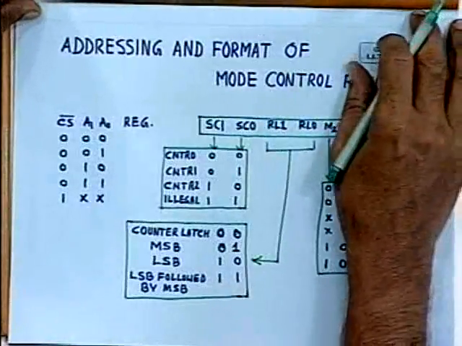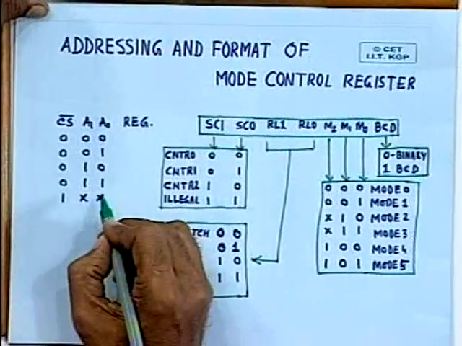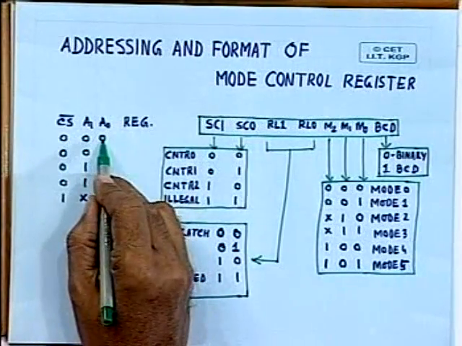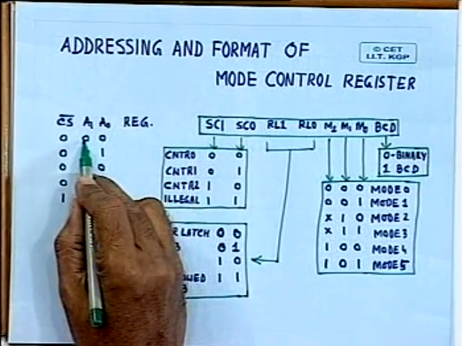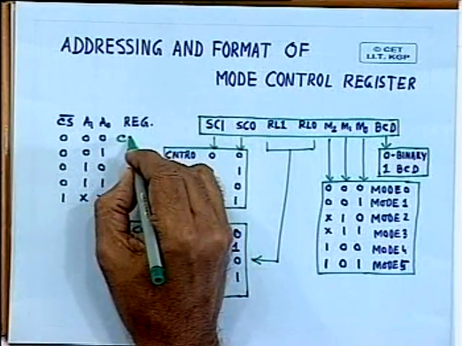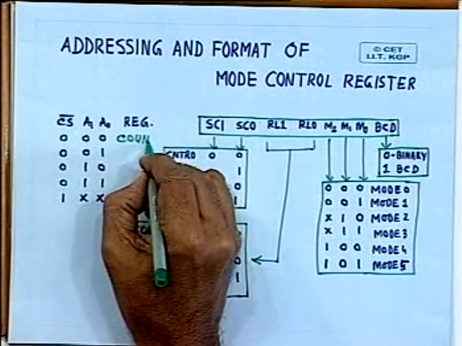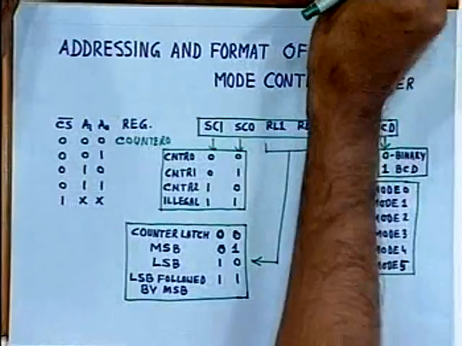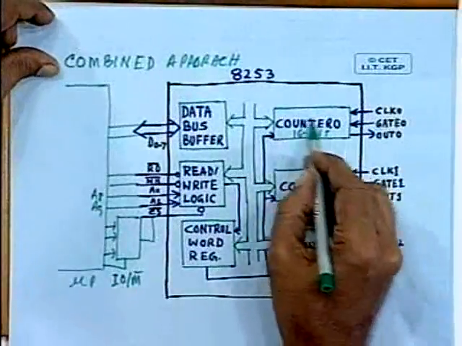Both A0 and A8 have the same value. Now, whenever chip select is 0, A0 is 0 and A1 is 0, it accesses counter 0.